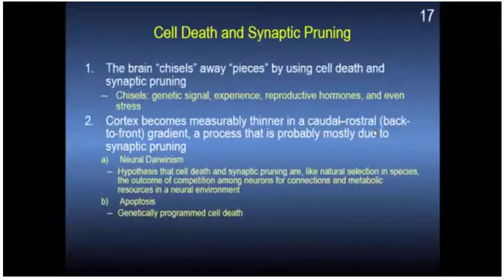So cell death and synaptic pruning. This is something that goes on as soon as the nervous system starts interacting with the outside world, and it really causes the brain to become more efficient. At least a well-functioning brain will start to prune and get rid of connections that are no longer effective. One of the things that happens during development is there's a lot of redundancy created, so that if one neuron dies for whatever reason, there's another one behind it to help create the next connection.